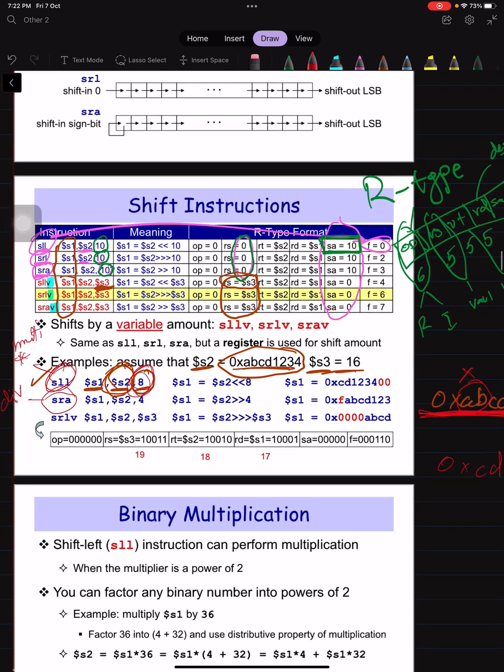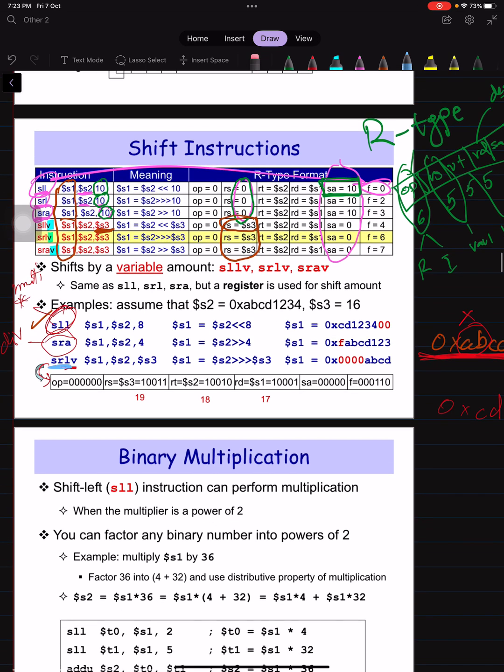So let's take this example لأنه عمل analysis للexample هذا يعني he talked about it in depth. It's a good example actually. So in here he's saying that he wants to shift right logical using a variable.